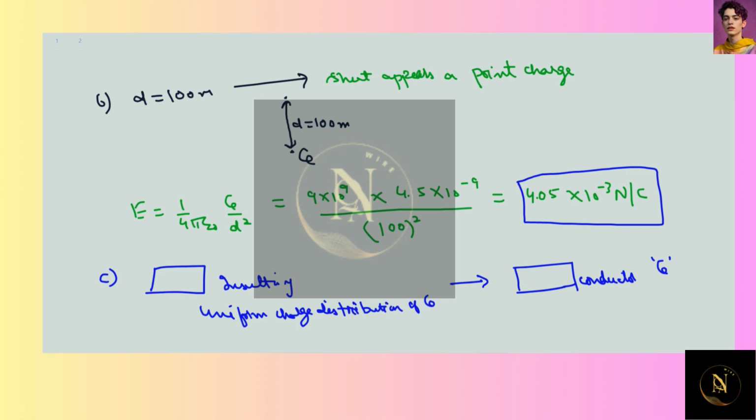If it is a conductor, the whole Q will distribute over the whole sheet. So this would be the same situation as the insulating one. The answers will remain the same because the distribution of the charge is the same. Both situations are the same, so we have the same answers for parts A and B.